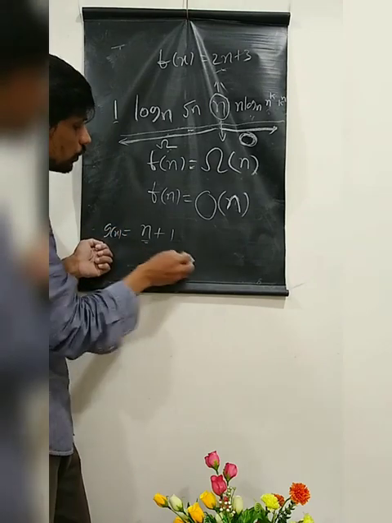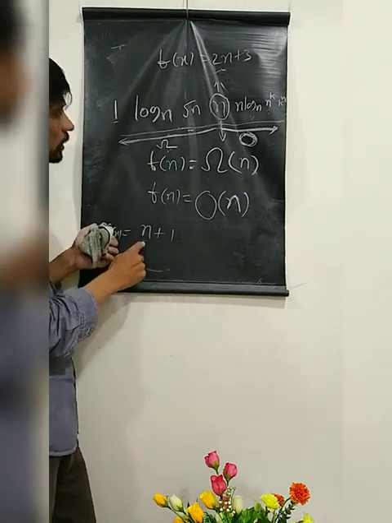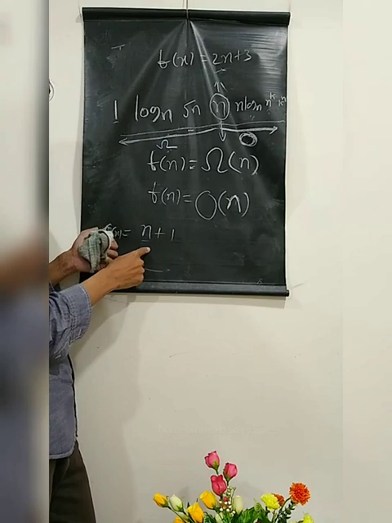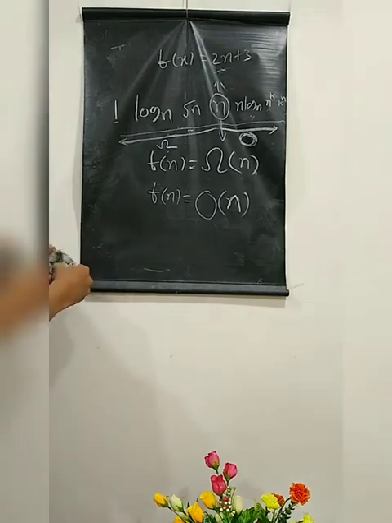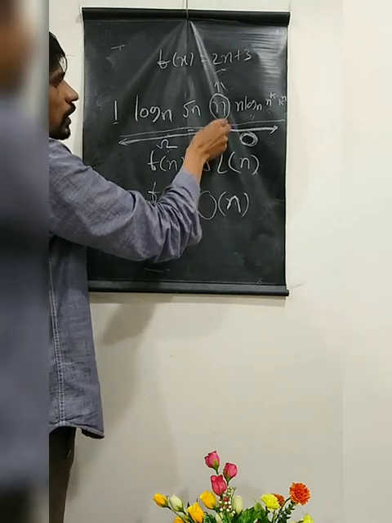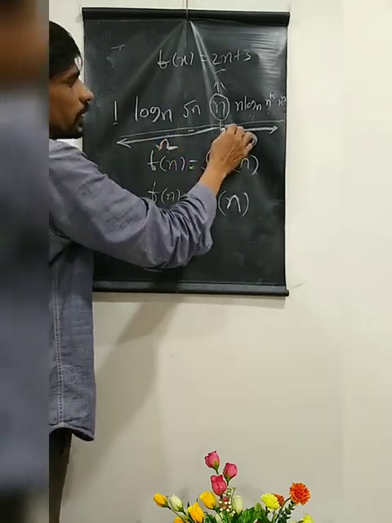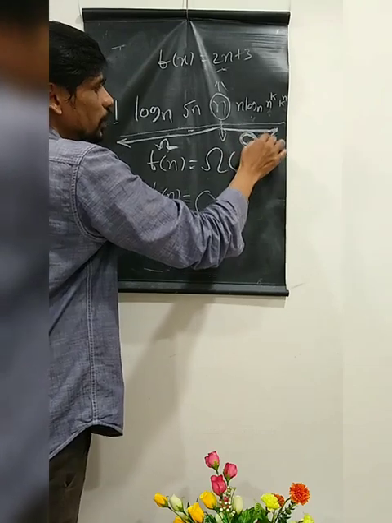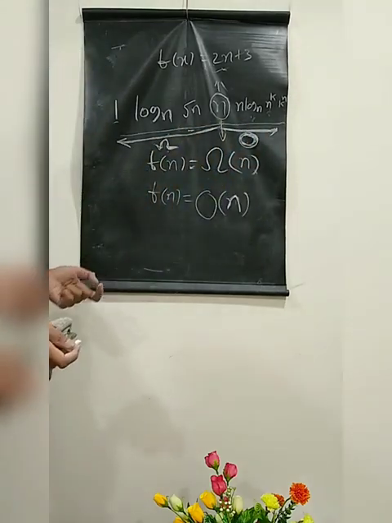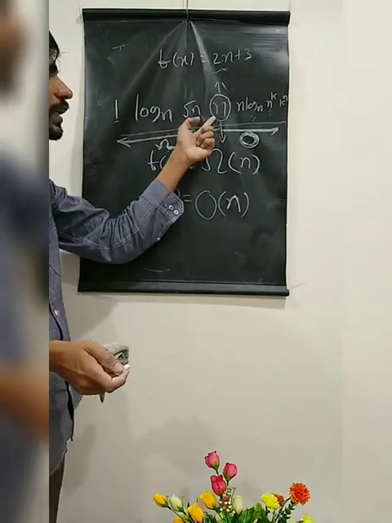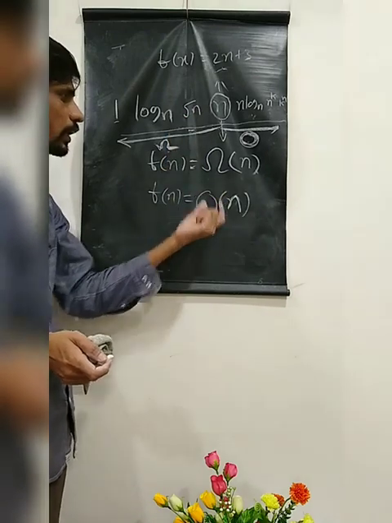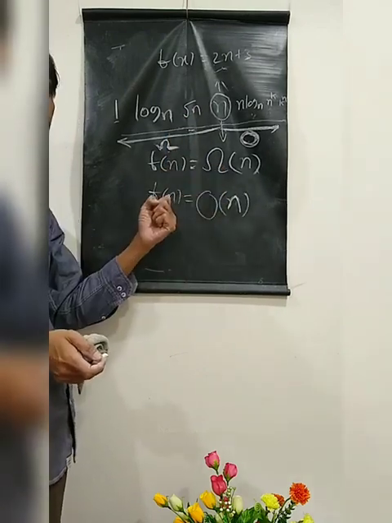We can say log n or 1 too. In these functions, these can be represented as big omega, and these can be represented as big O. In this case, for this function, n can be your big O and big omega also, right?